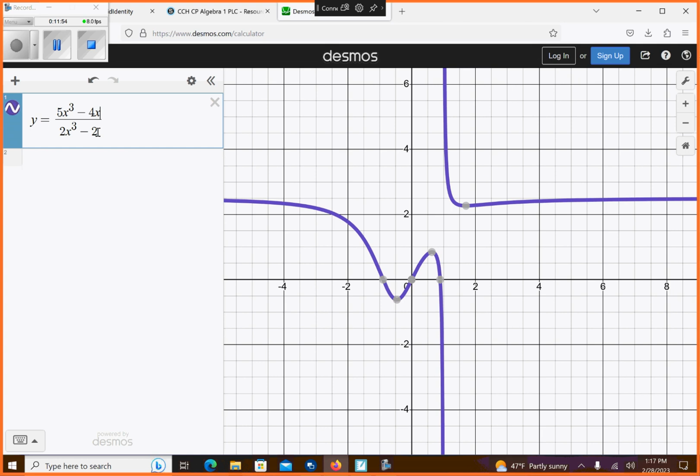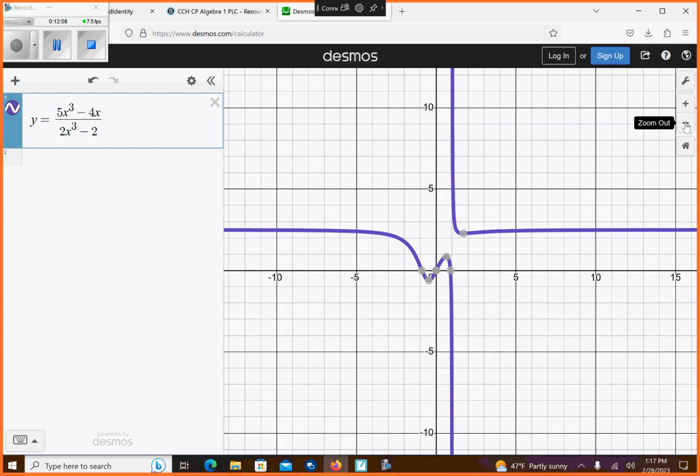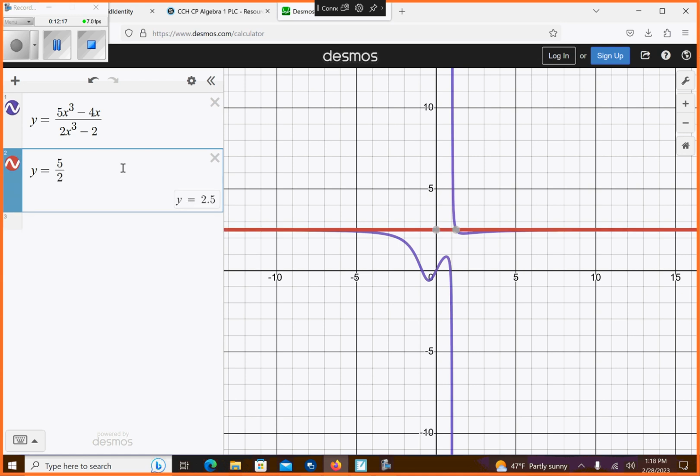Oh, what a unique looking graph. So we're going to go to the left forever. And I like the bumps in there. So I think y equals 5 divided by 2. Yep, that's it. So basically what we could do on number 11 is you look at the exponent on top and the exponent on bottom being the same. You take the lead coefficients, so 5 over 2 becomes the end behavior, and that becomes our limit. So 5/2 is our answer.